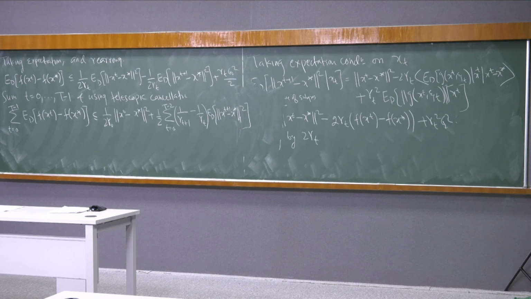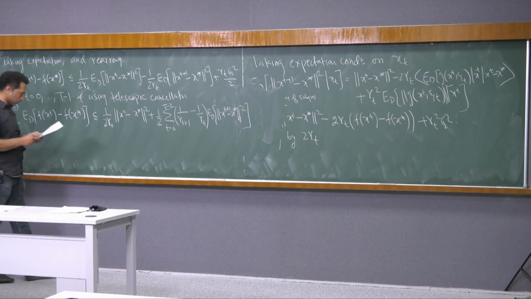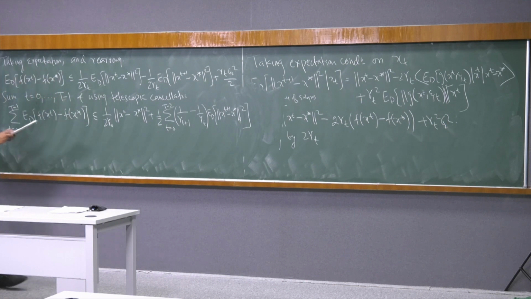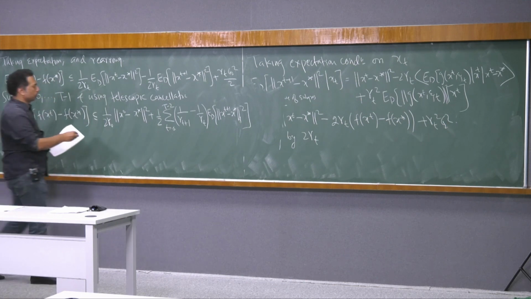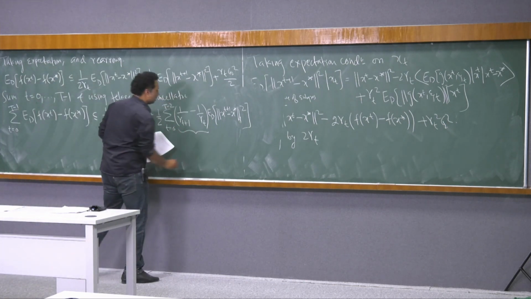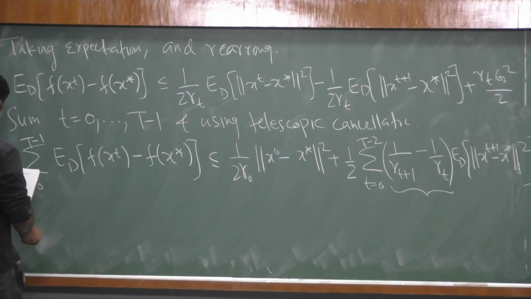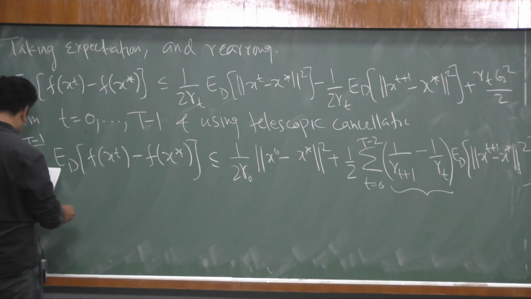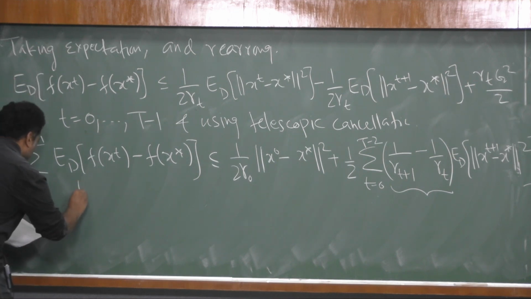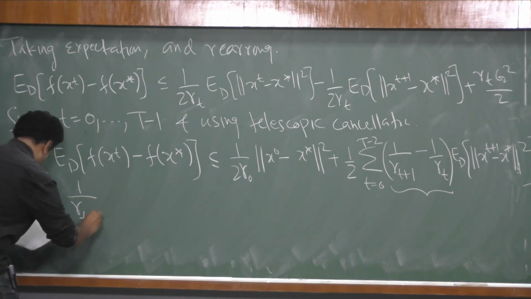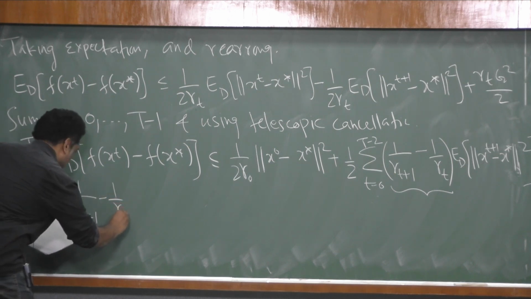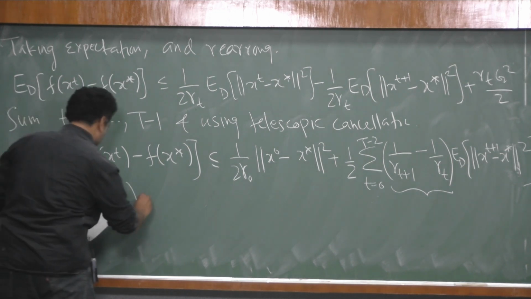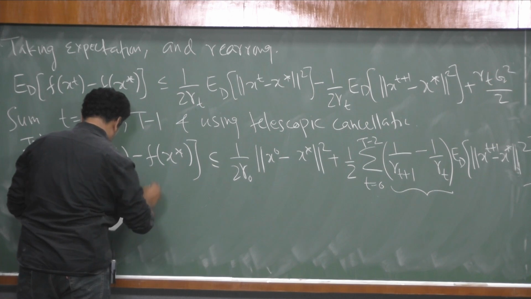It's simple algebra only, but you have to do this indexing correctly. Now what we will do is bound this. This is also some inequality we are going to use. This is 1 by gamma t plus 1 minus 1 by gamma t, and gamma t we know, right?